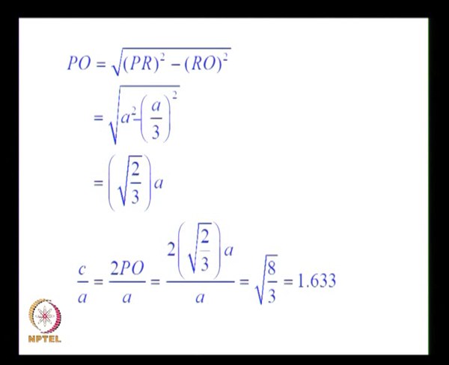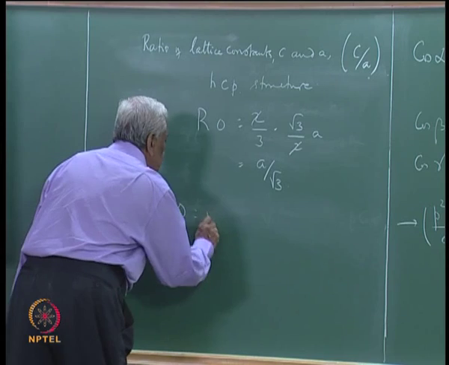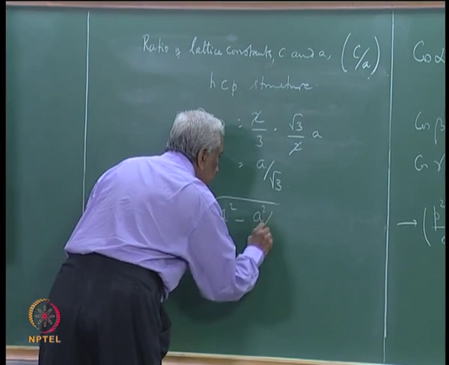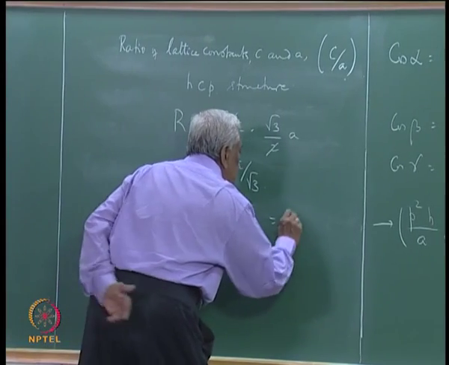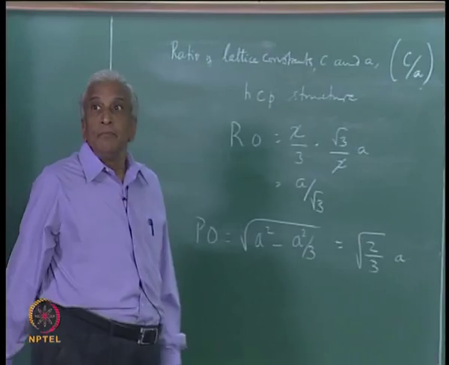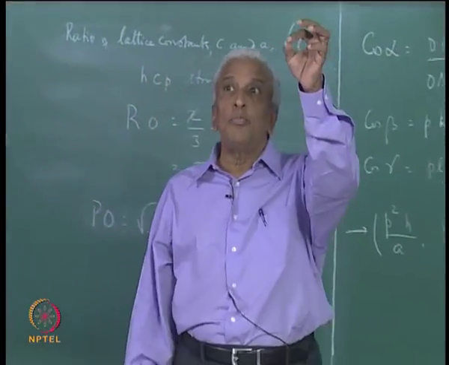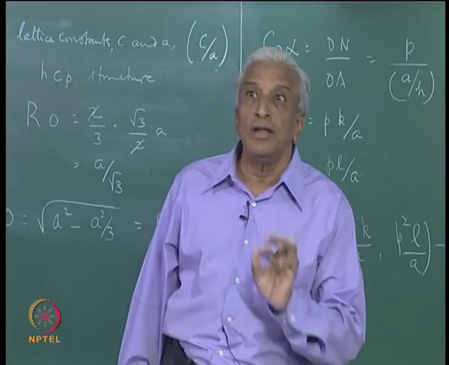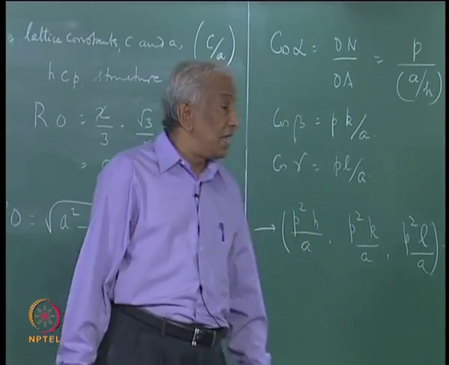So, the distance PO is square root of A square minus A square by 3, which is root 2 by 3 A. That is the distance from the top layer atom P to the centroid in the next lower layer.